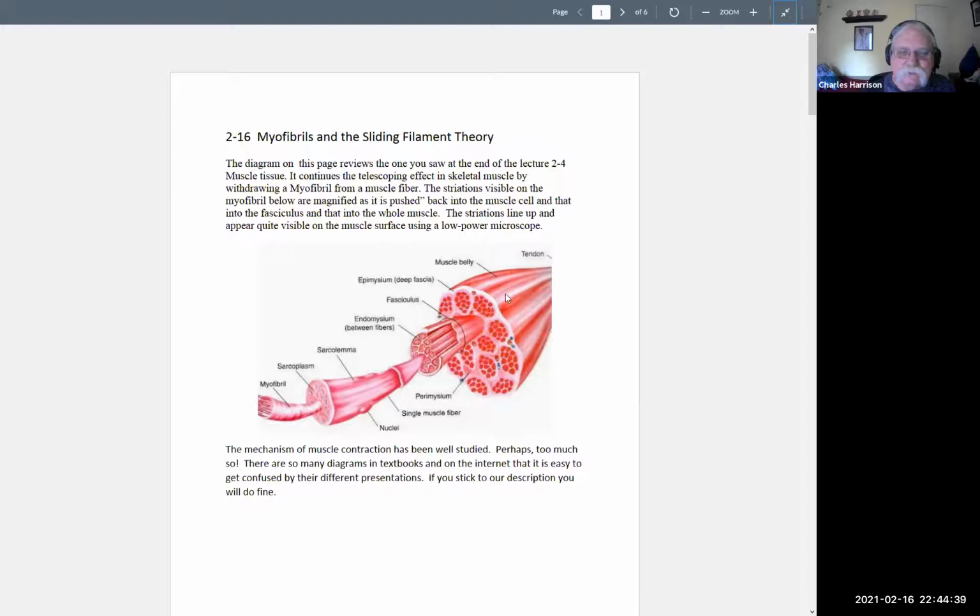Here's the belly, and it has inside of it these compartmentalized areas called fasciculi. If I could pull a fasciculus out, here it would be. This is a fasciculus.